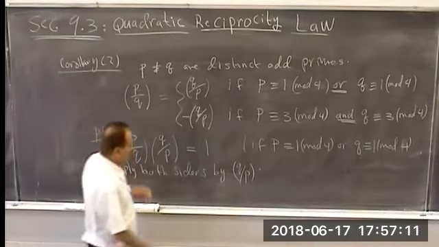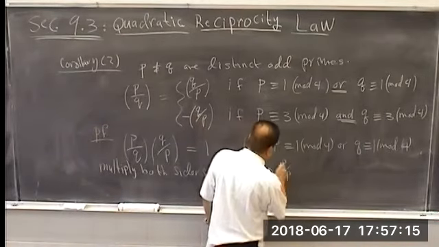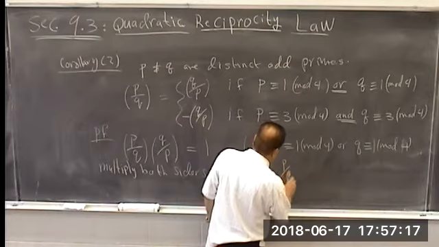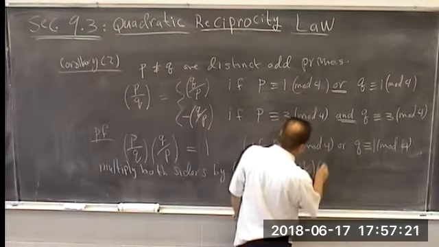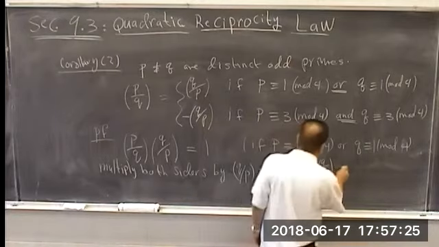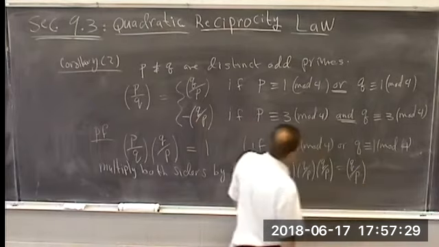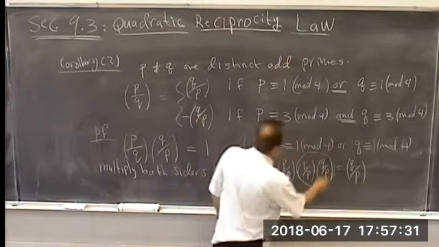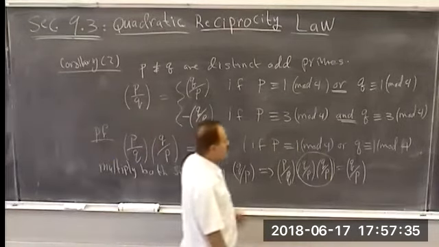And this implies (P over Q) times (Q over P) times (Q over P), and this becomes just (P over Q) on this side. Now (Q over P) times (Q over P) is the same as (Q over P) squared.